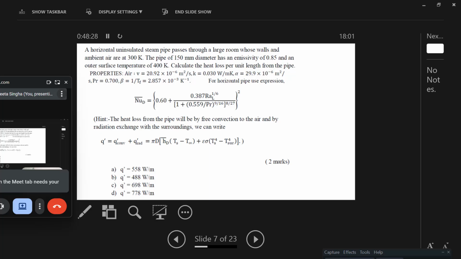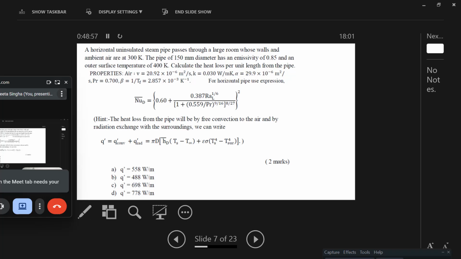The first question is, an insulated steam pipe passes through a large room whose walls and ambient air are at 300 Kelvin. The pipe of 150 millimeter diameter has an emissivity of 0.85 and an outer surface temperature of 400 Kelvin.